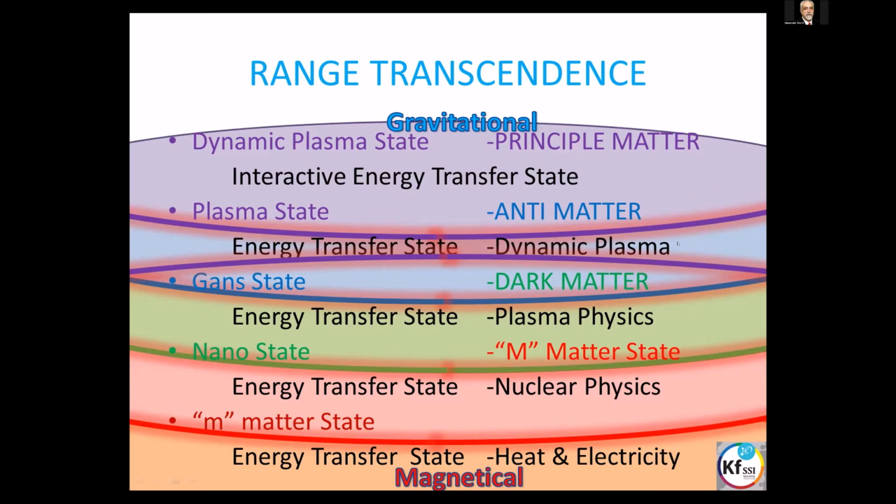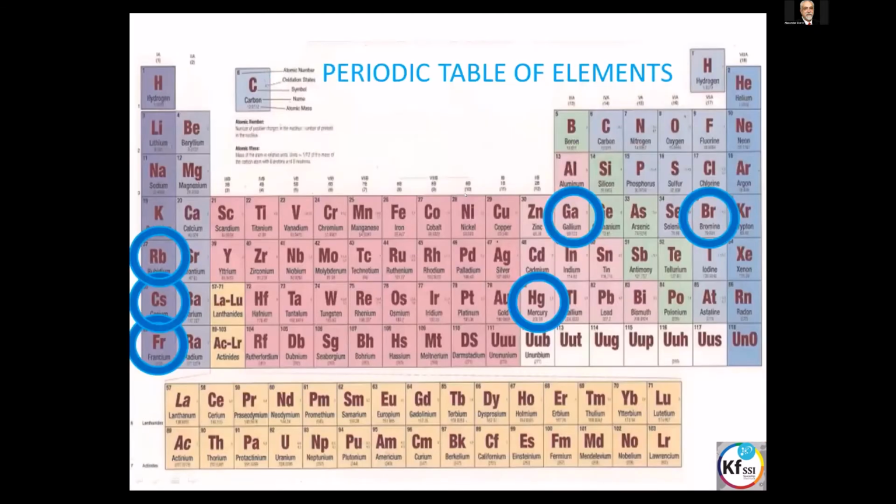And when we look at the dynamic plasma state, it is still a higher energy state, but it's not physical. So what differentiates the strength of these states is the strength of the field. And what differentiates the strength of the field? It's the mass. And what differentiates all the elements on the periodic table of elements? Well, it's the mass. And it's the mass of the proton.